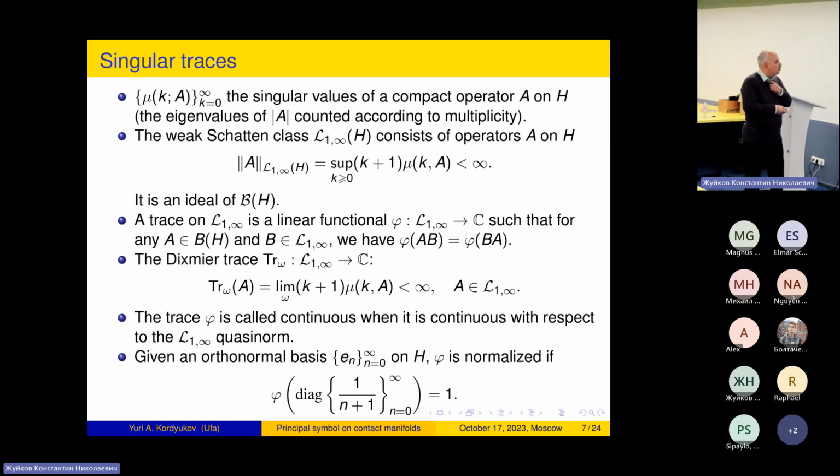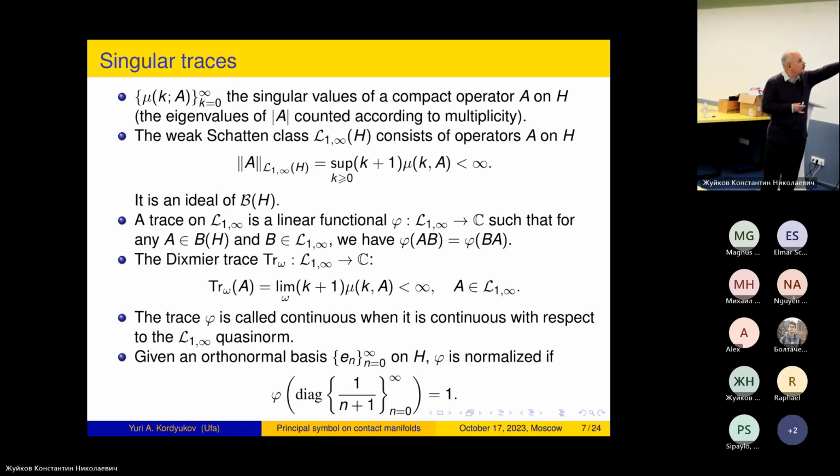To talk about singular traces, we consider compact operators. These operators always have so-called singular or characteristic values, which are the eigenvalues of the absolute value of A counted with multiplicities. Then we can define the so-called Weak-L1 class, L1 infinity. This is the definition of it.